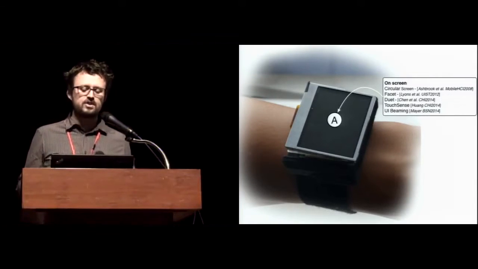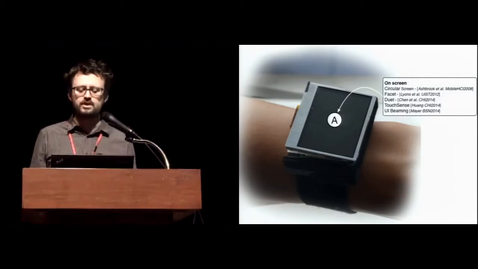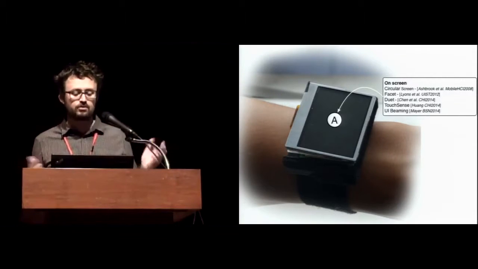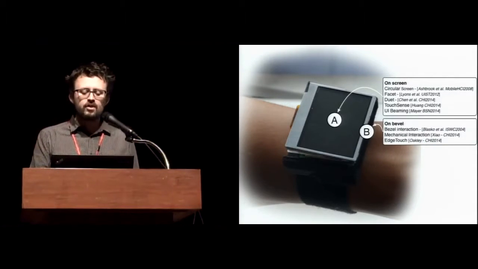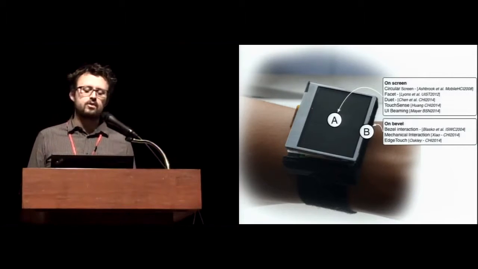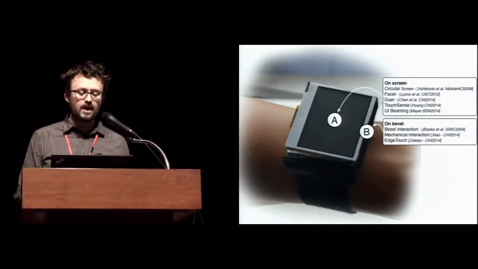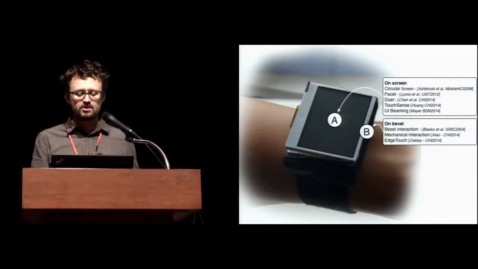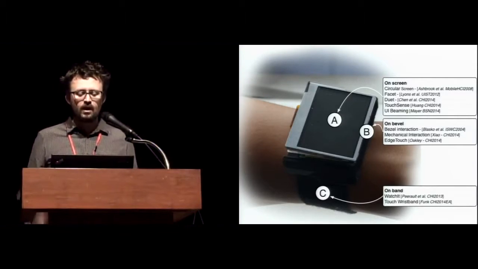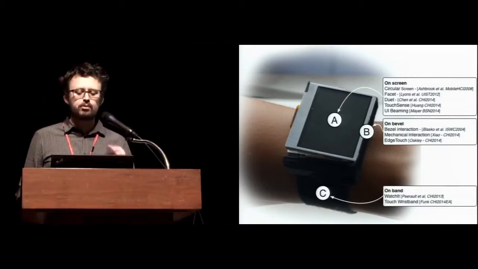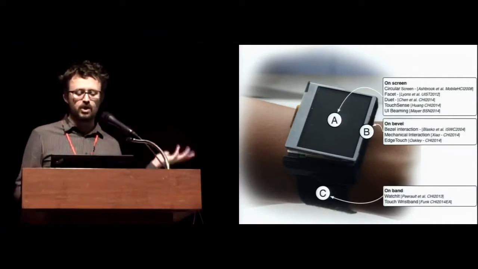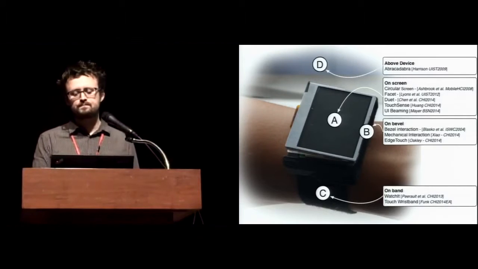And these include, for example, explorations with on-the-screen interaction like Facet, Duet, or TouchSense. We've also seen work on interactions with the bevel or the side of the watch, like the bezel interaction or the mechanical interaction that we saw at SIGCHI last year. A number of people have also explored how we can move the input away from the actual watch to the band, like WatchIt or the touch wristband.